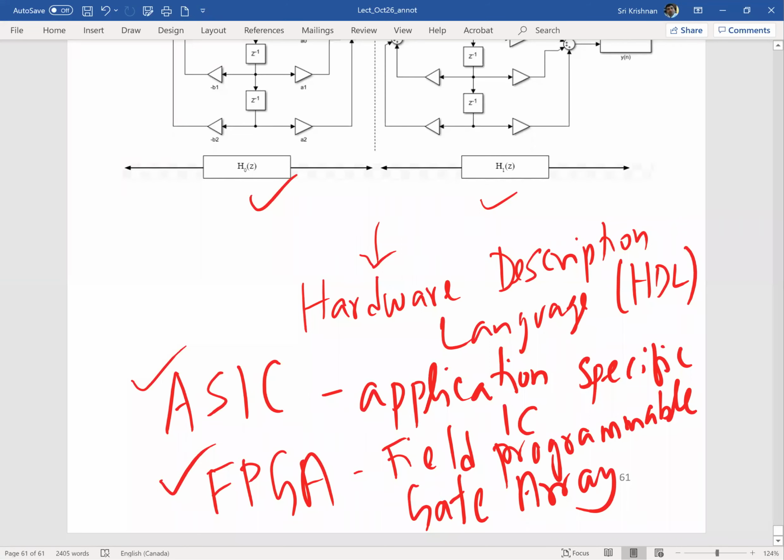So FPGA allows this flexibility, and given that it's made a little bit general purpose, the initial cost of making an FPGA is high, but if you do a mass production of FPGAs, then the cost comes down substantially. ASIC and FPGA are very much application dependent. It depends on the context that we are dealing with.